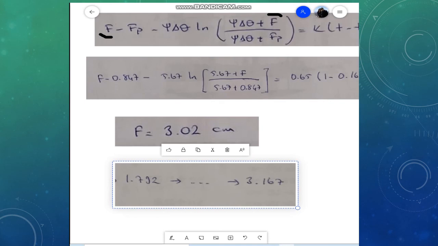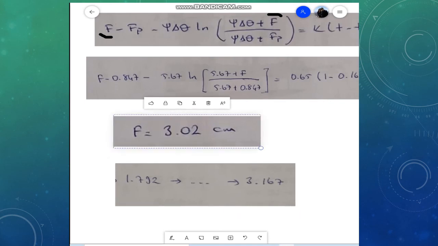But in the last example, we calculated the ponding time, because we said if 5 centimeter per hour intensity of rain comes to the soil, it will start to pond on the top layer. Then after that, it's gonna infiltrate. This causes less cumulative infiltration for the soil. All right. So we are done with this question.